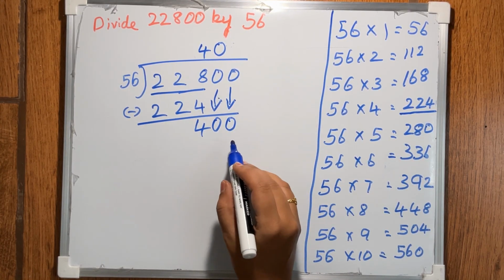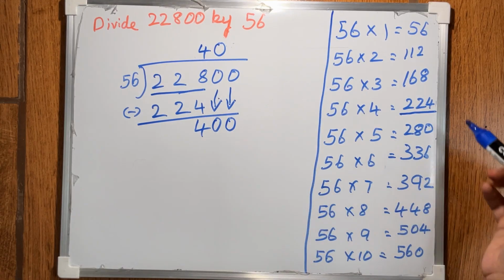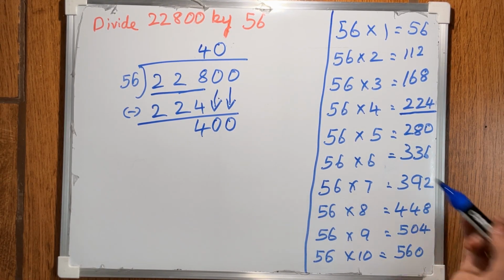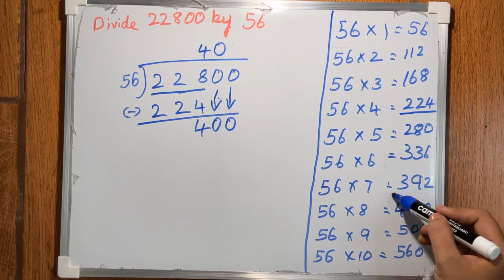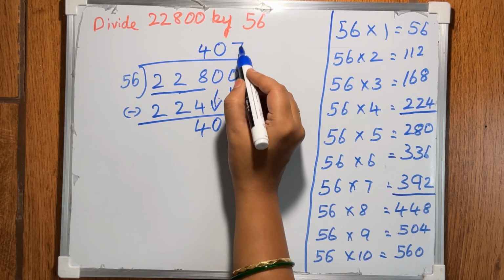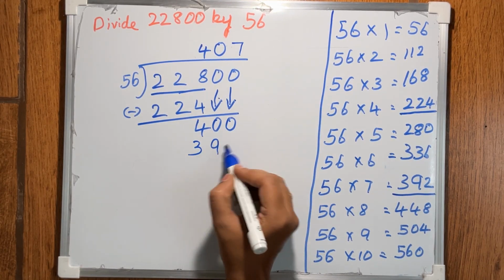So it becomes 400. Where does 400 come in the table of 56? 400. Okay, 448 is greater than 400. So let's take the previous number, that is 392. How much are 7s? 56 7s are 392.